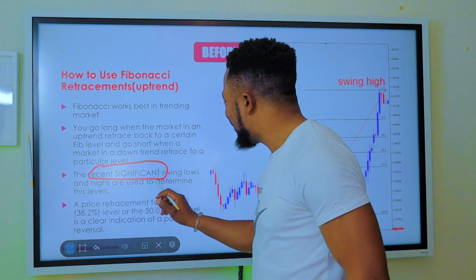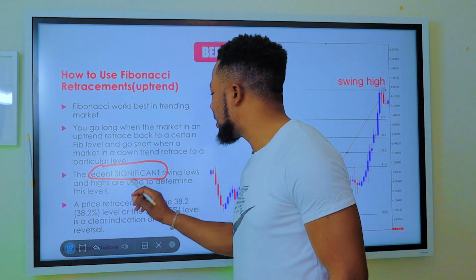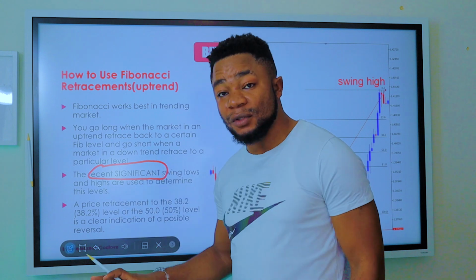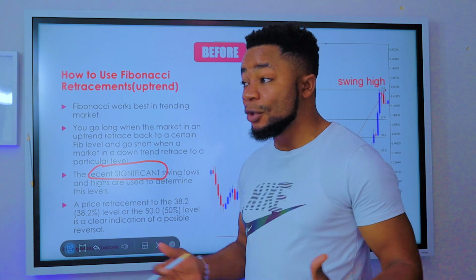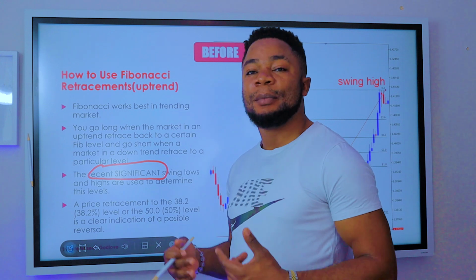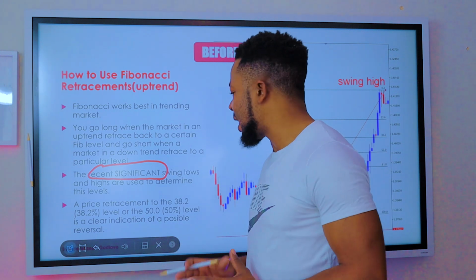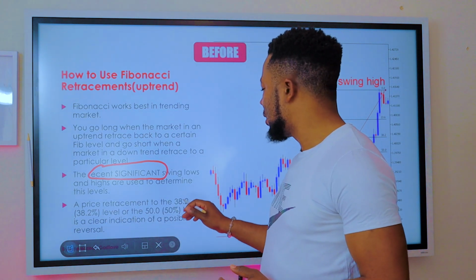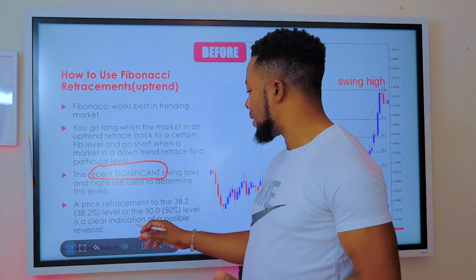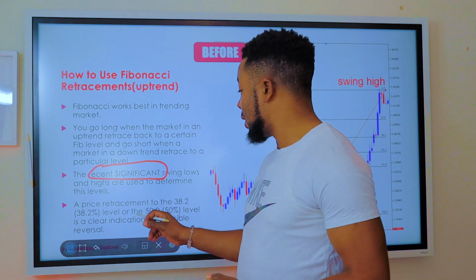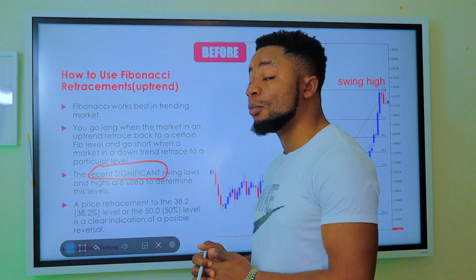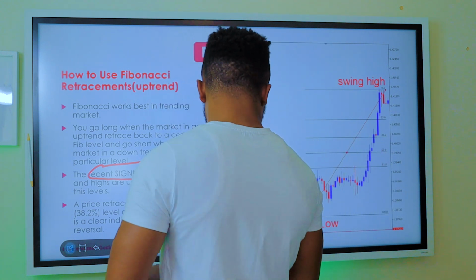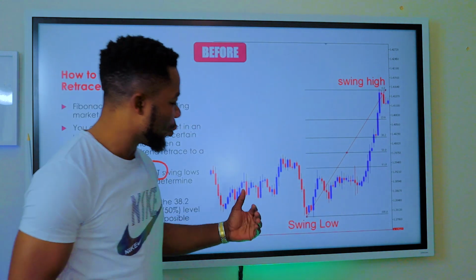The recent significant swing lows and highs are used to determine the levels. In the market you have many swing lows and swing highs, but you use the most significant. A price retracement to the 38% level or the 50% level is a clear characteristic of a possible reversal, right? Good. Now we have our uptrend.